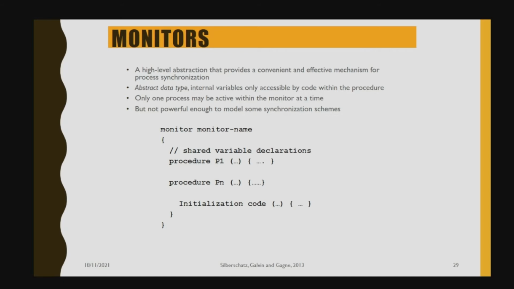This one is not powerful enough to model some synchronization schemes, but it still can be used. This is an illustration of how it works. We have the monitor name, the shared variable declaration, procedure 1 up to procedure n, and the initialization code. We use monitors in order to solve the issues of some synchronization.